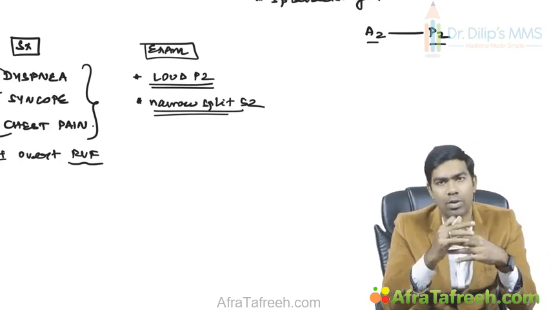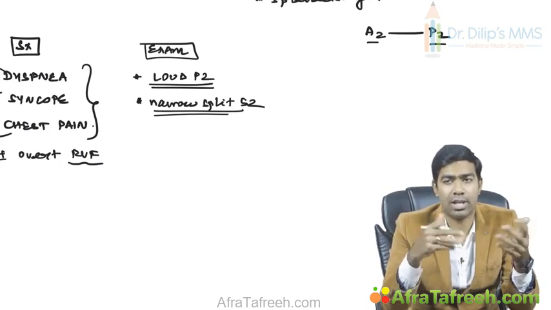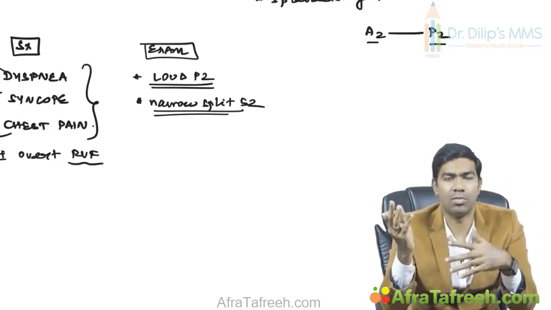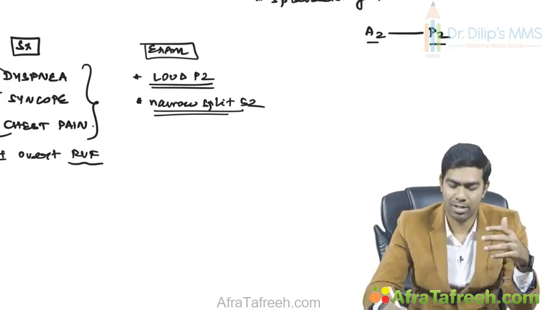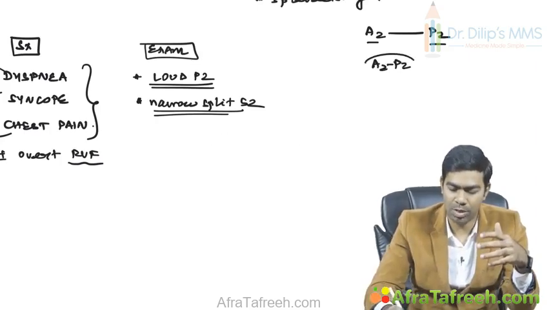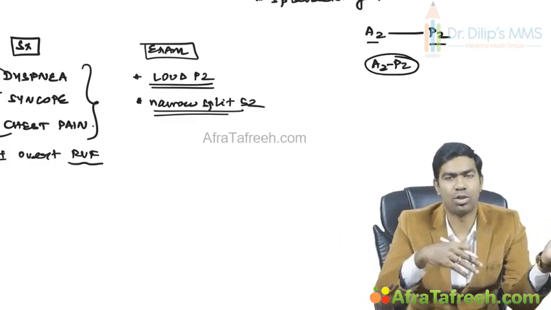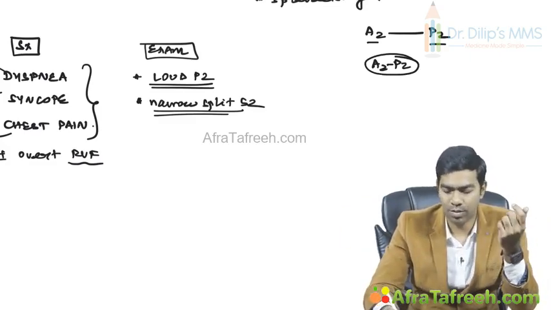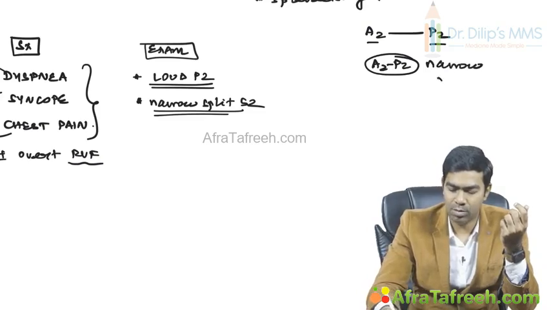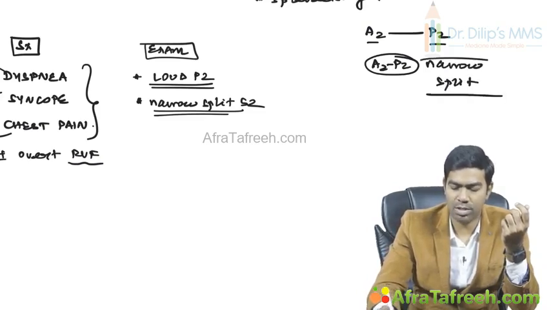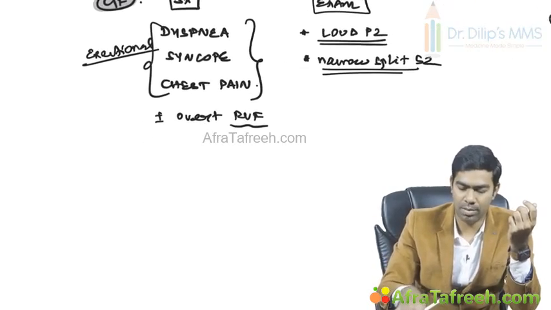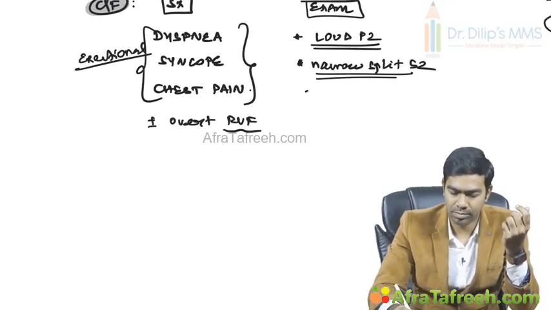That's why you have A2, P2 like this. If the pulmonary vascular resistance becomes almost the same as the systemic vascular resistance, A2 and P2 will become superimposed because both have the same resistance and both close faster now. So you will have a very narrow split S2. It's a very important sign of pulmonary hypertension, especially chronic pulmonary hypertension.